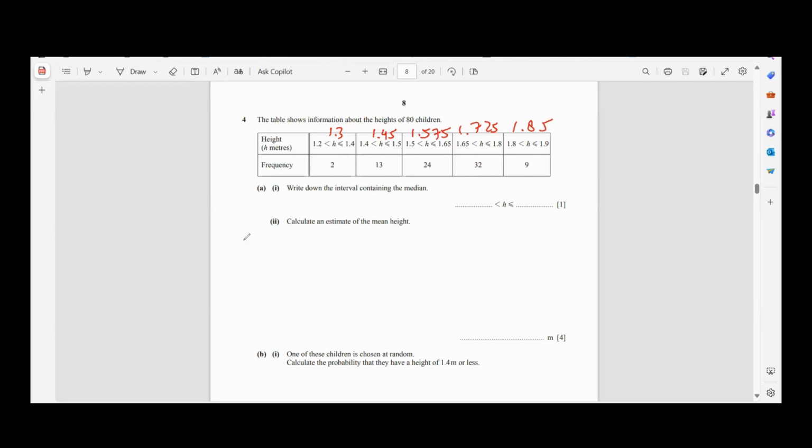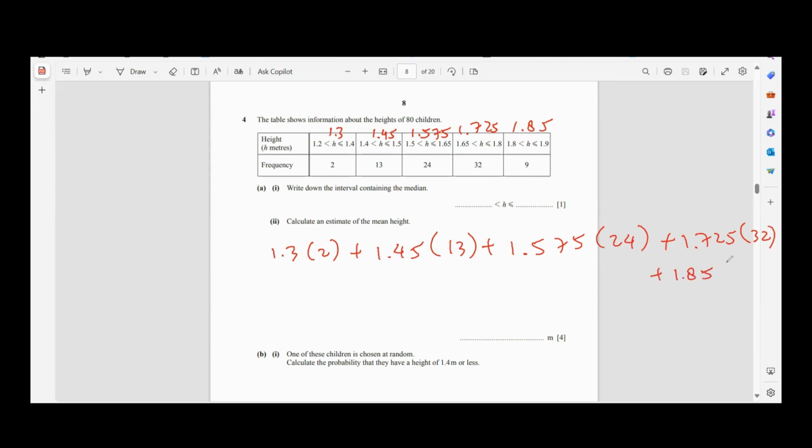To find the mean, we multiply by the frequency. So 1.3 times 2 plus 1.45 times 13 plus 1.575 times 24 plus 1.725 times 32 plus 1.85 times 9, and then divided by the total frequency, which is 80.